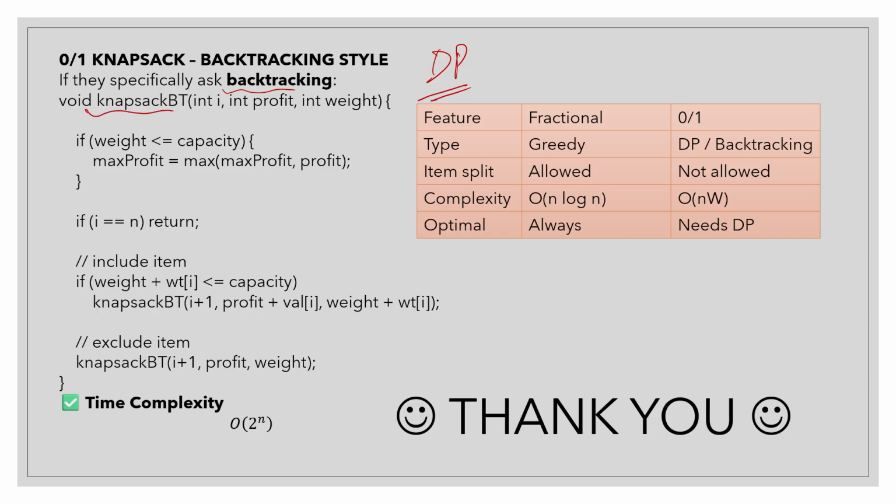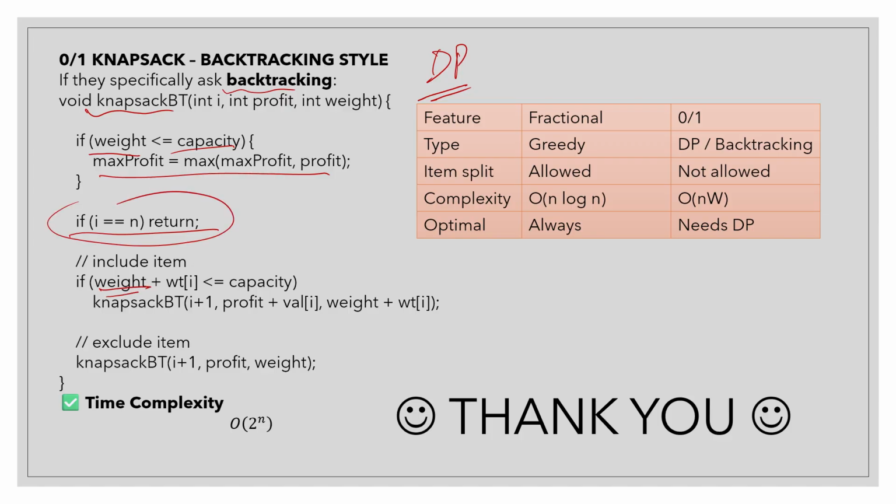So in backtracking style knapsack, if your weight is less than or equal to your capacity, you add it to your maximum profit if it is maximum. If you have fulfilled it, then you return.